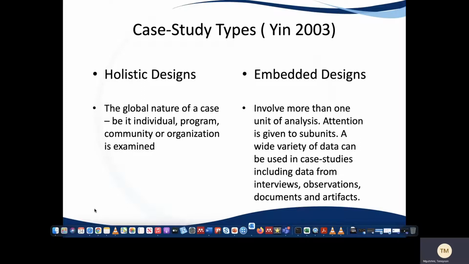I will give an example, a current one. We are talking about COVID, and currently it's issues to do with how people respond to the vaccine. So you may say, I know that there are 20 hospitals that are giving COVID injections.